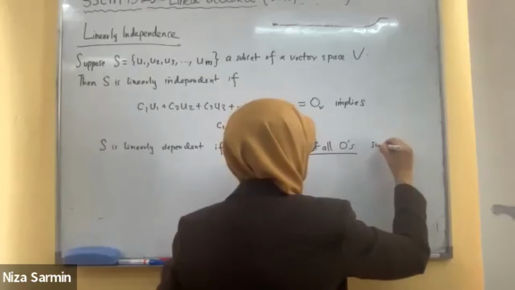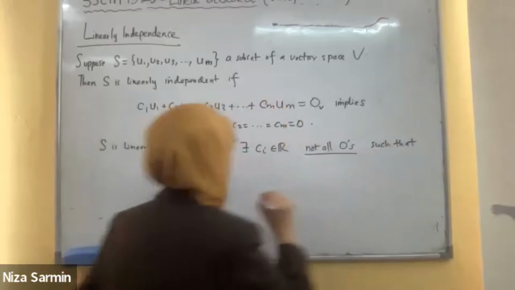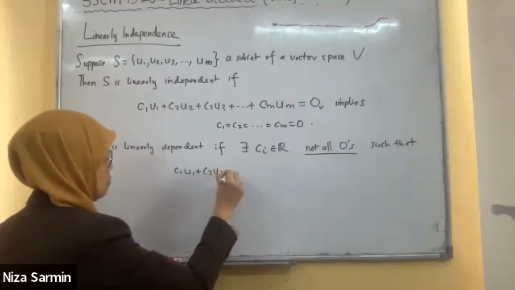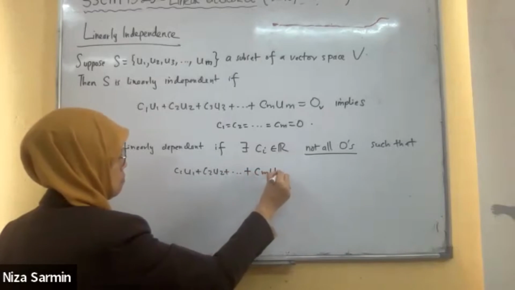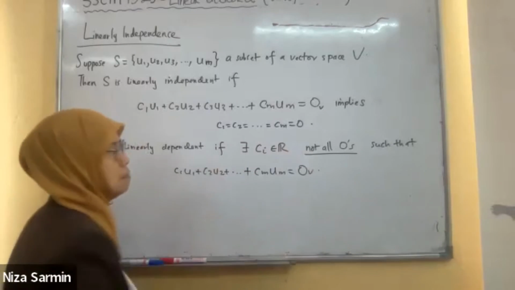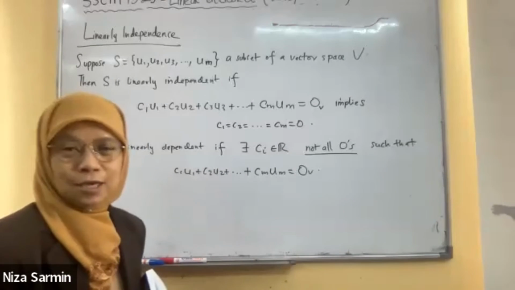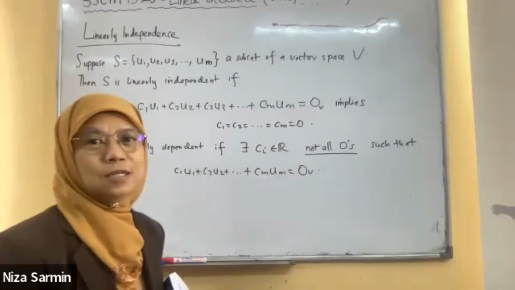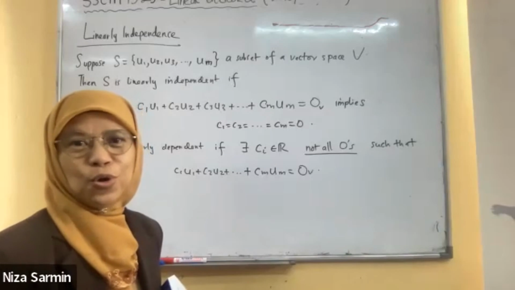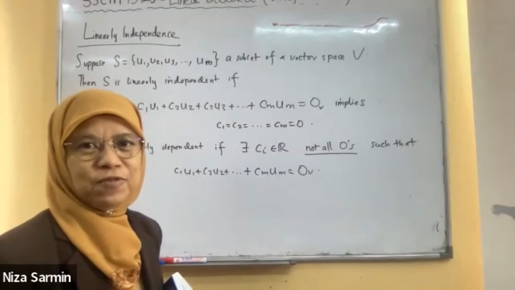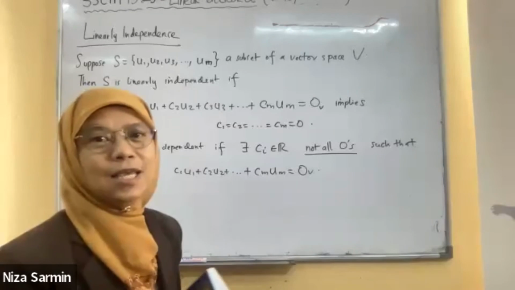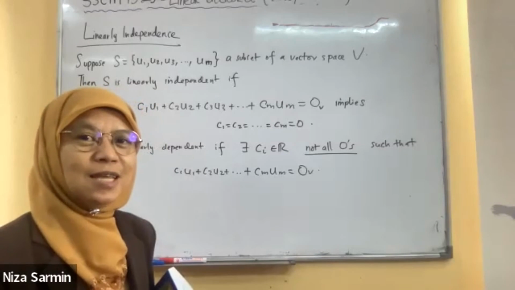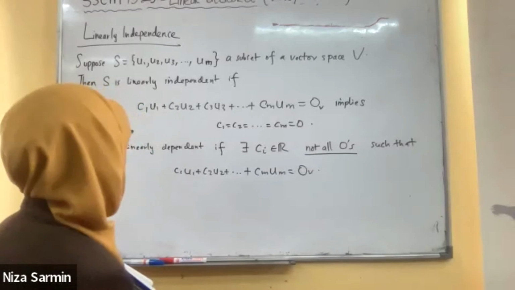Such that the same thing, copy paste. Okay, so the key is to solve the equation and see whether the C's, are they all 0 or not? Okay, if they all have to be 0, linearly independent. If some of them are not 0, it's linearly dependent. Okay.